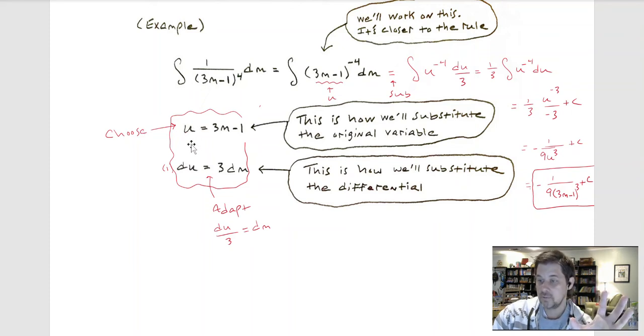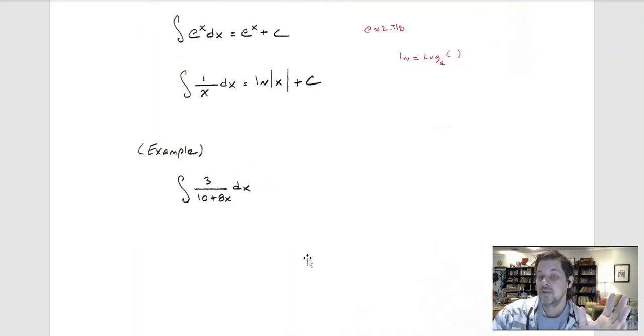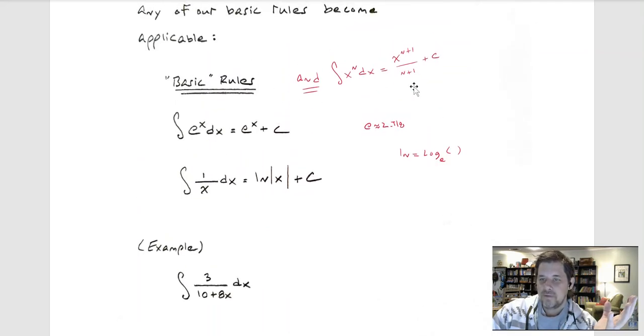You let u, this new variable, be some aspect of this problem, and you substitute u and du into the problem, the variable and the differential, and then it becomes simple enough for our rule to become applicable. Same thing is going to be true here. How am I going to do that to get one of these rules to apply? Well, if I have 3 rules, and this one is only applicable if n is not -1, then of everything, this right here looks like it would most likely be this one.